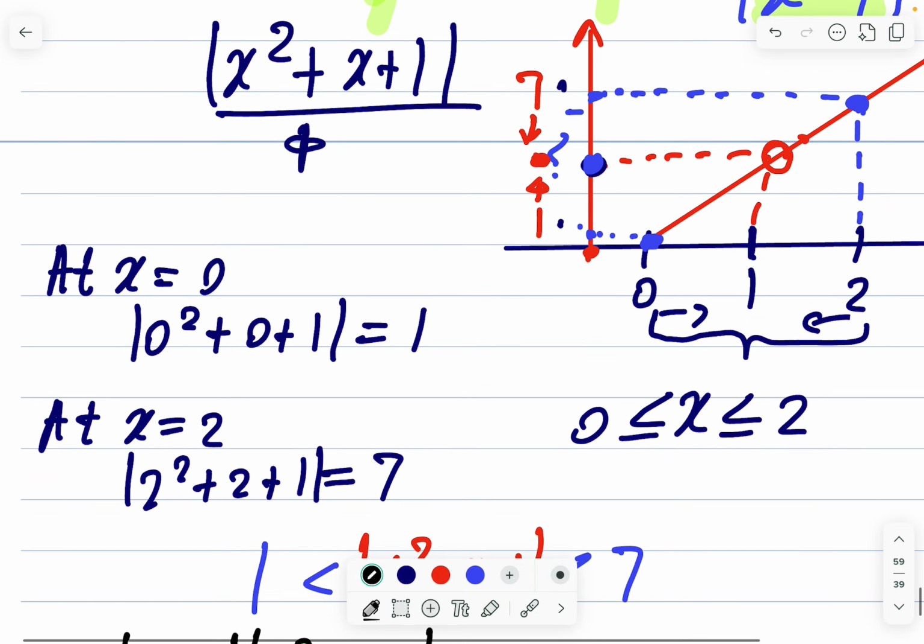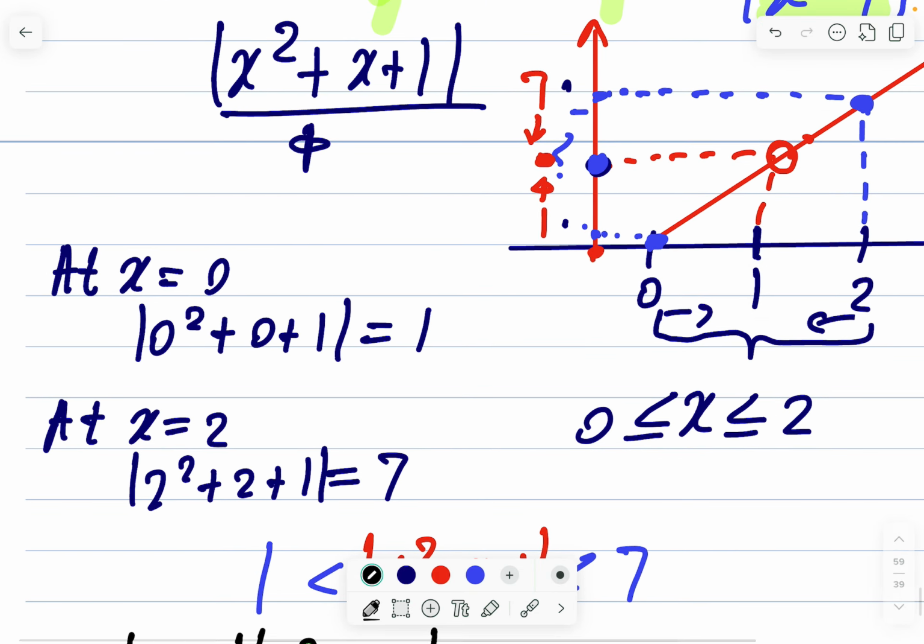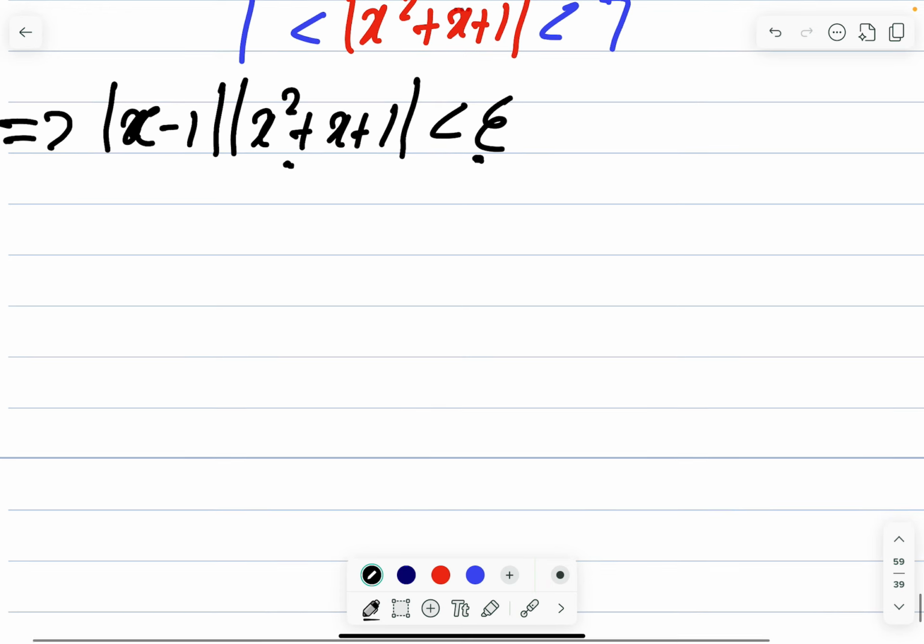But then it's not true, because if you say 1 is less than epsilon, you are telling them this is your epsilon, and this thing is here. It means you are wrong. But if you tell them that thing is less than 7, you are correct, because you are also including whatever they want here. Understand? So we are going to pick 7.